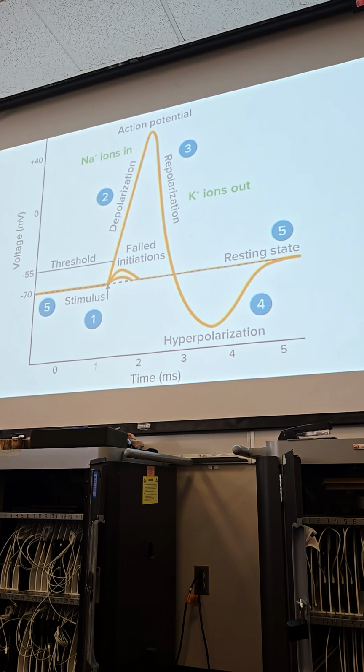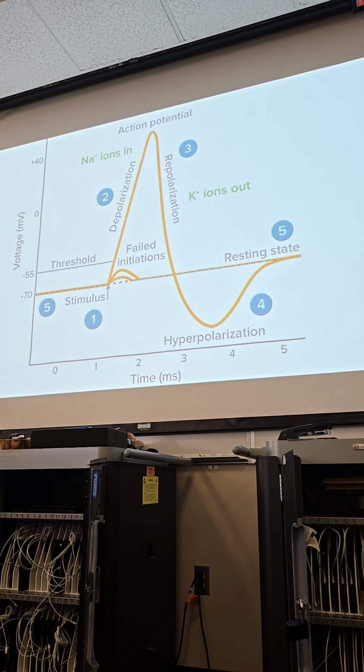Okay? At some point, the gates close. What's the voltage for the gates closing? Plus 30. Plus 35. There we go. Plus 35. So we open up, and then the potassium ions are flowing out.